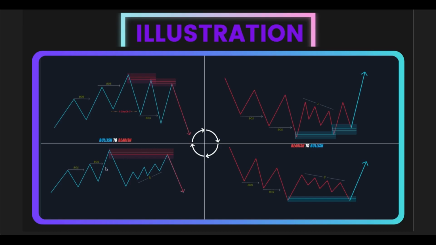Here, same thing, but instead price will create some external liquidity down here, price that needs to be taken out after it taps into this area of supply.